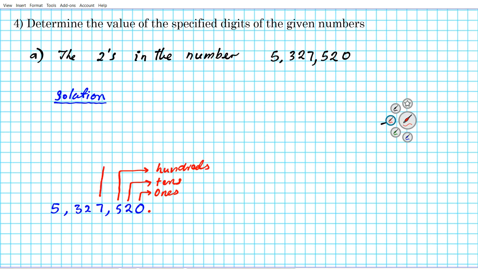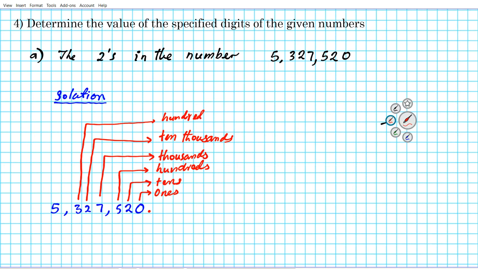The 7 is in the thousands place. The 2 is in the 10,000s place. All right, and then the 3, where's the 3 at? The 3 is in the 100,000s place.